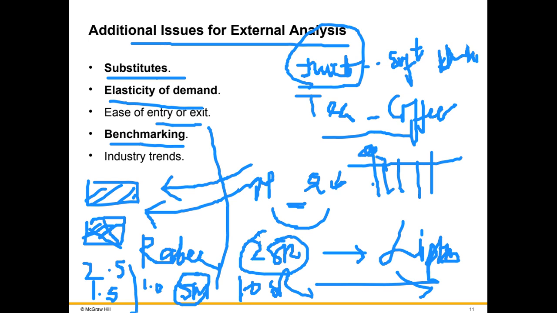Industry trends are about the overall industries. There are some industries that go up, and some industries that go down. We were talking about how the AI industry is booming nowadays, and within the AI industry you have to see which particular industries are booming and which are going down.